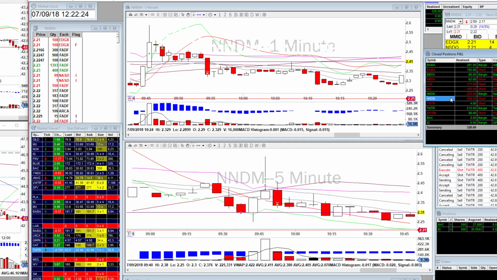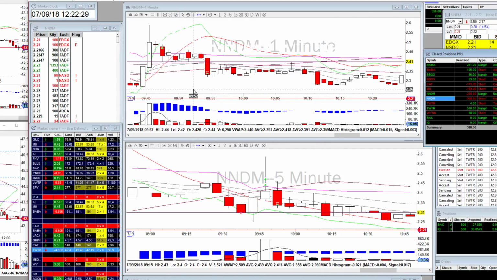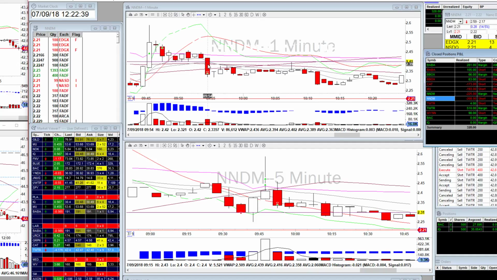It was just poor trade management. I should have stopped out earlier when I saw what was going on. Once it formed this new 1-minute low below this level of support, more or less 241, I should have exited. I think that was my original plan too. But anyway, could have done better. Did not. So it's my fault.